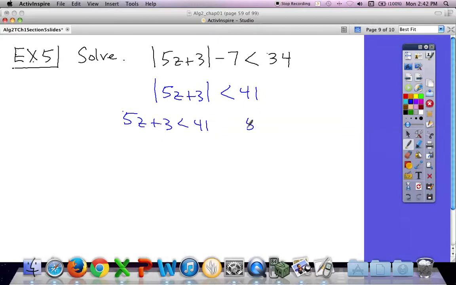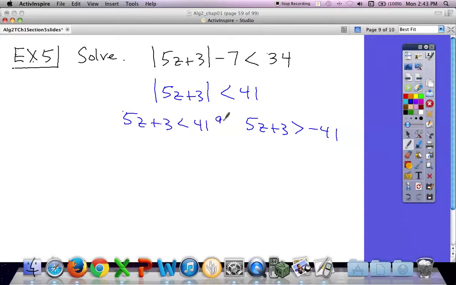And then they write down that 5z plus 3 is greater than negative 41. So they've basically written this like it is without absolute value, and then they flip the sign and make that opposite. Now, that's okay. It can still be right if provided one thing.